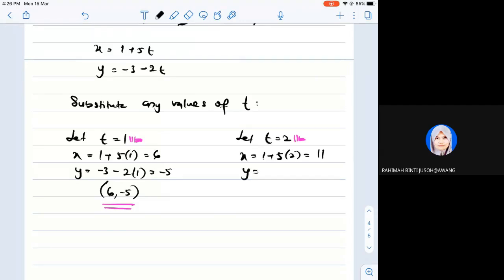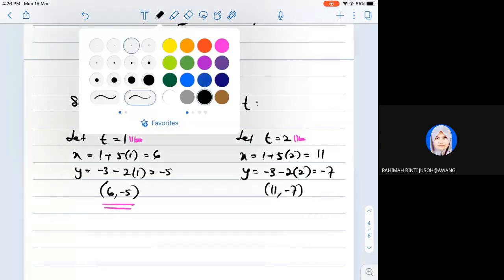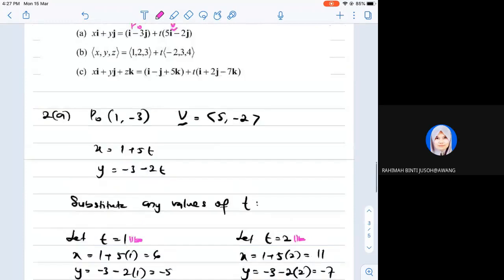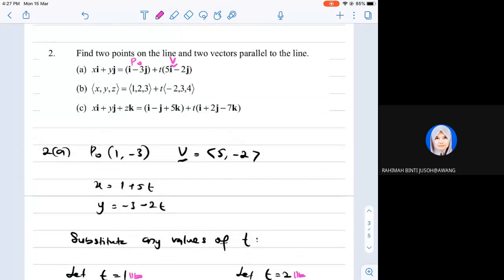And then y equals negative 3 minus 2 times 2, which is negative 7, isn't it? So dapatlah 11, negative 7. Kalau you ganti sama dengan 10, jawapan you lain lah, tapi itu tak salah. Understand? Faham guys? You can substitute any values of t.